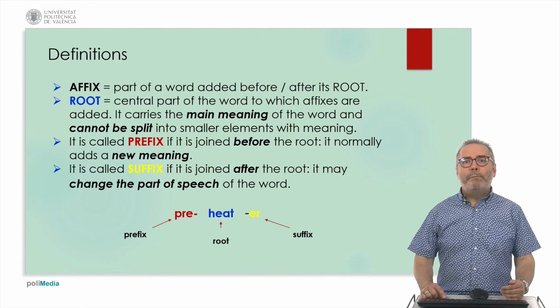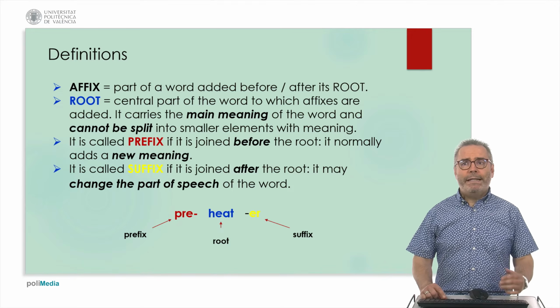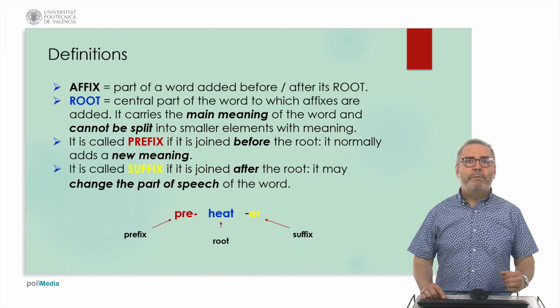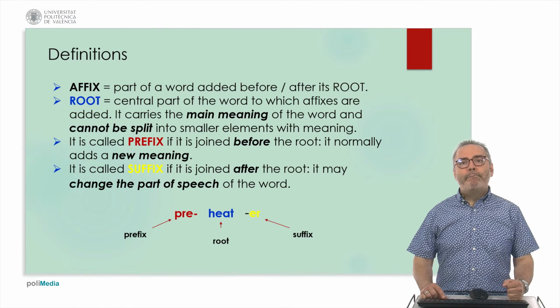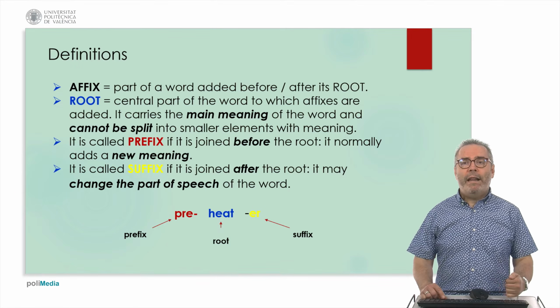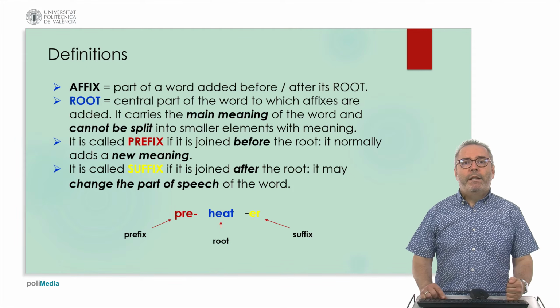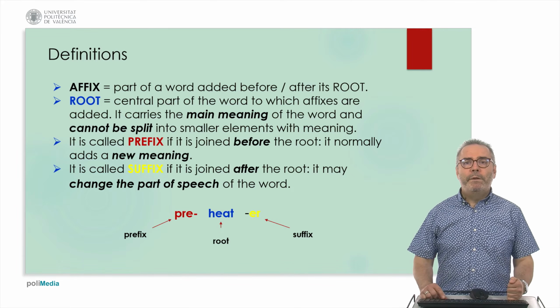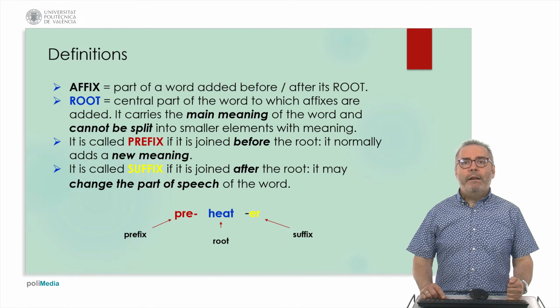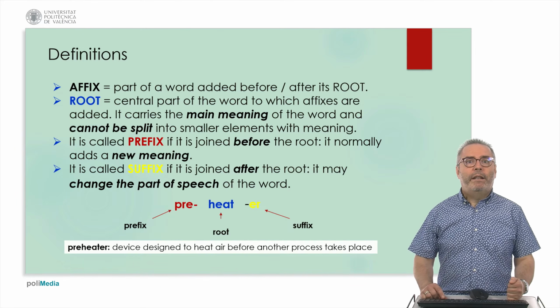Here we have the example preheater. We have a root, a central part of the word, which carries the most important meaning, heat, and it cannot be subdivided or split into smaller elements with a meaning. In this specific case, we have added a prefix pre before the root and a suffix -er after the root to form a new word, which is preheater.